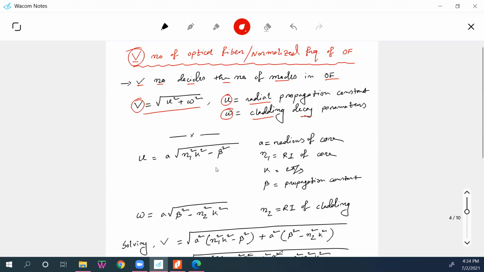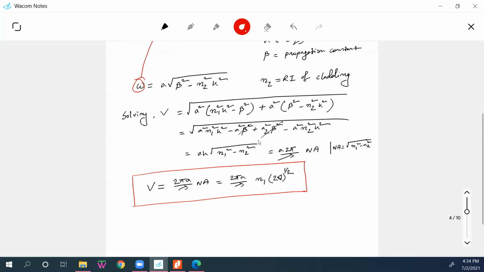I worked out the expression of U and the expression of W, and putting them back into this formula, you end up with the V parameter, V.